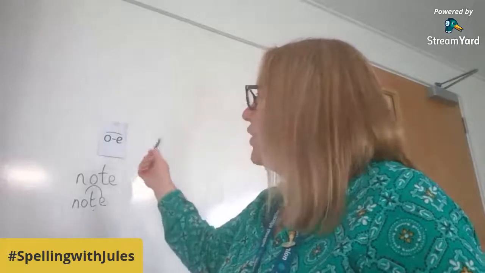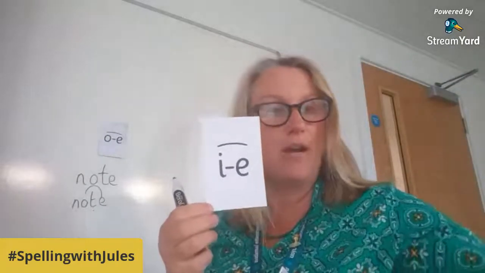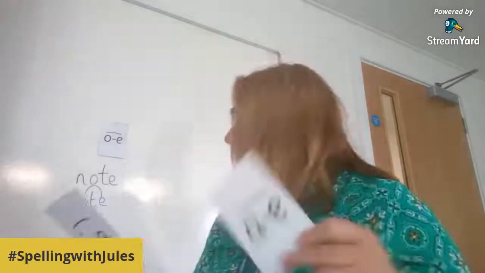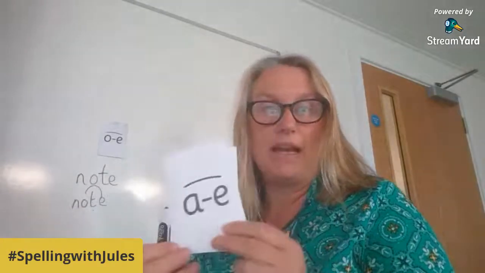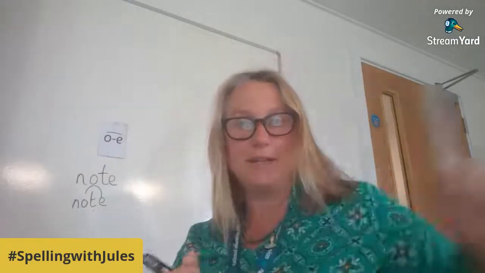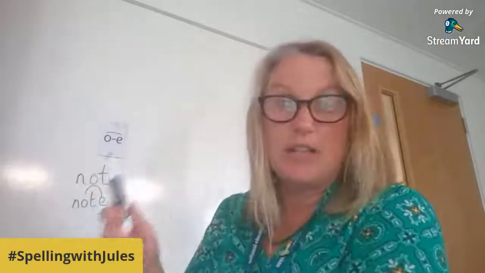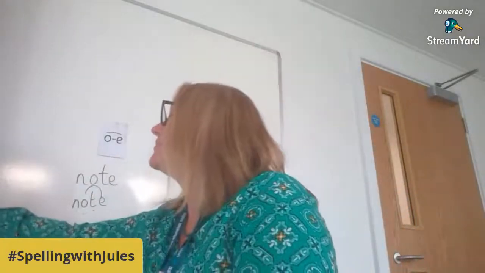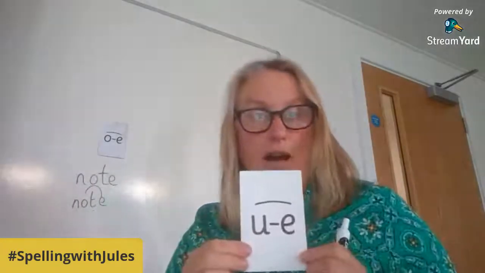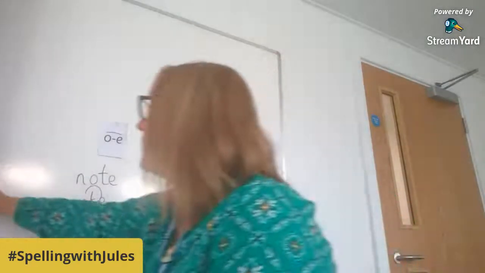Okay, and we've done OE, we've done IE, so I becomes an I, O becomes an O, and A becomes an A. Hello, Sasha, good to see you. So today we're going to be doing the last one of those vowel sounds. U becomes a U. So we'll have a look at that a bit later after we've done our spelling quiz.